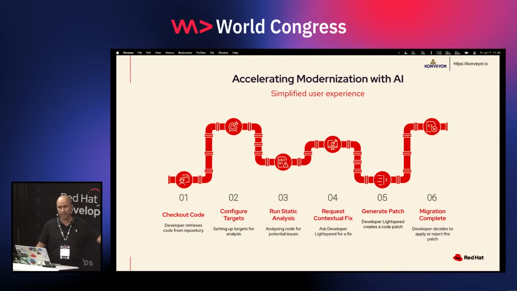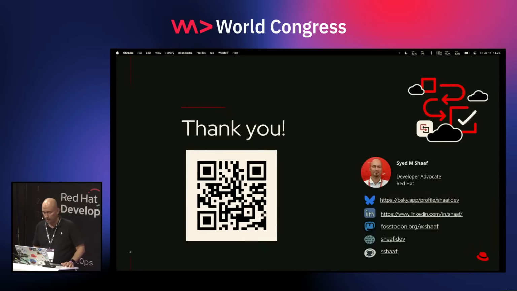As a developer, you check out the code, you configure your targets as to what your migration plan looks like. You do the static code analysis, and you get all the details of what difficulties you might have doing migrations, and then we take that and put it into the context, ask the large language model to fix it for us, we create a patch for you, and then your migration is most likely complete. So that's how the process works.